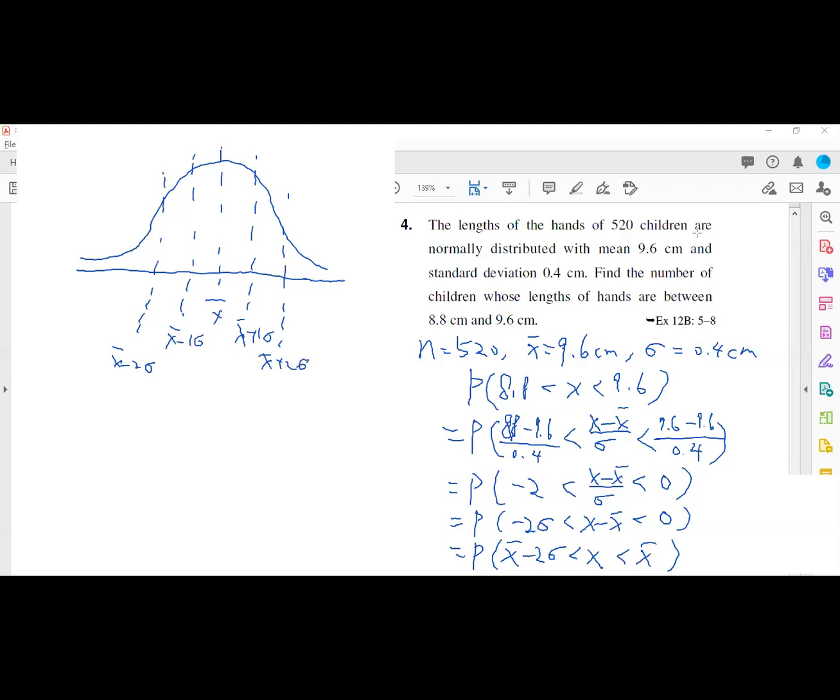So what we need is x bar minus 2 sigma, this line, and x bar, that is this line, is between these two lines, which means that the required region will be this red part. It's okay, red part.